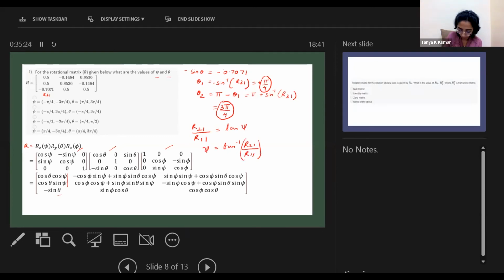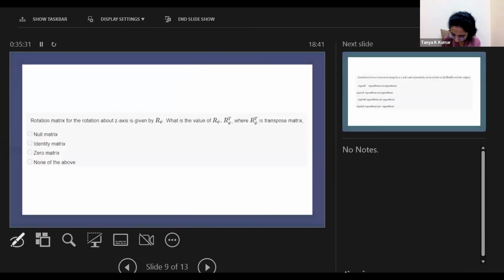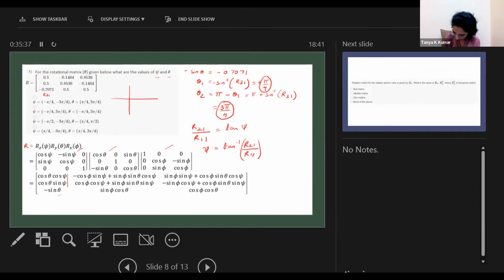So if you take your quadrants, if your theta is either here or here, that is, if this is theta or if this is theta, then your tan theta is just directly the opposite by adjacent.